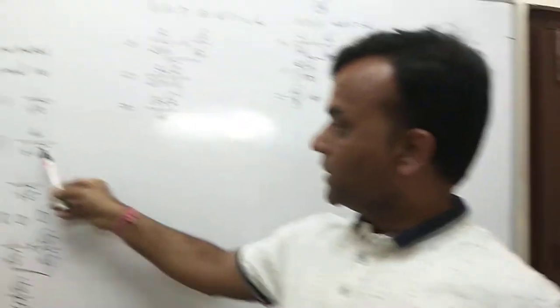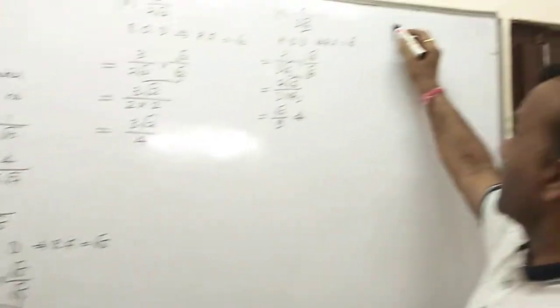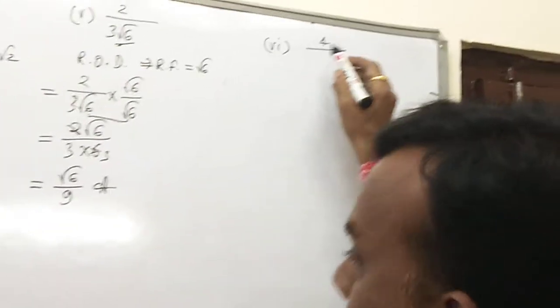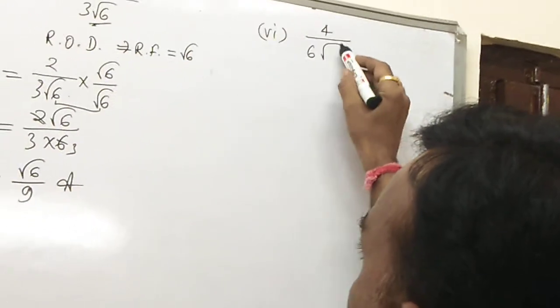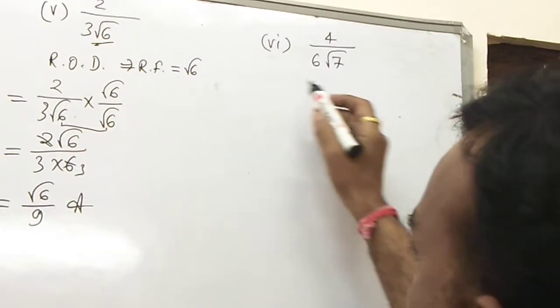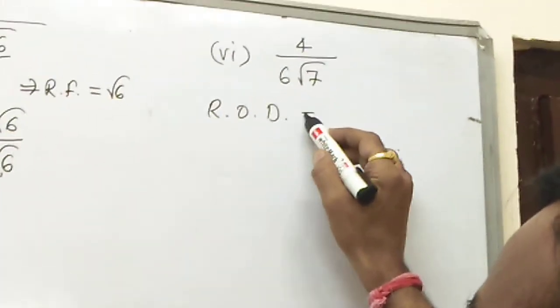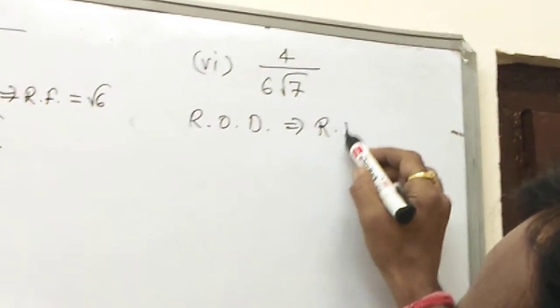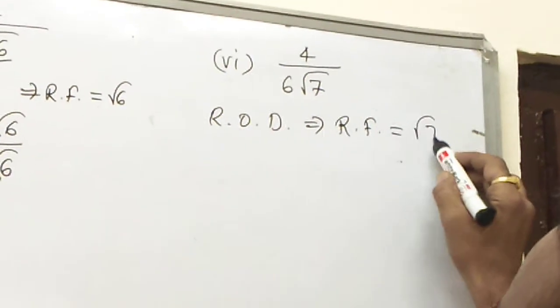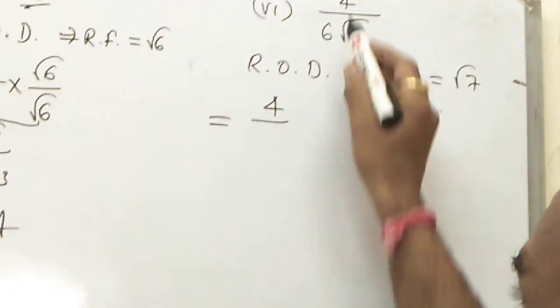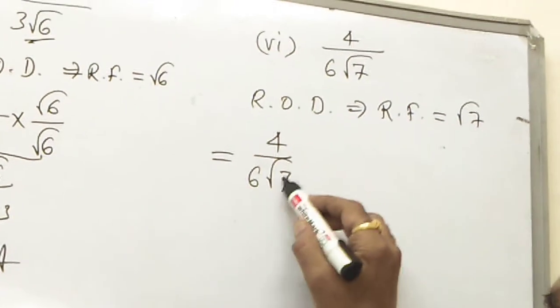And then the last part, 6, where we write 4 by 6 root 7. Again you use the concept of rationalization of denominator, and for rationalizing the RF is root 7. We do the process again the same; your given number you put as it is.